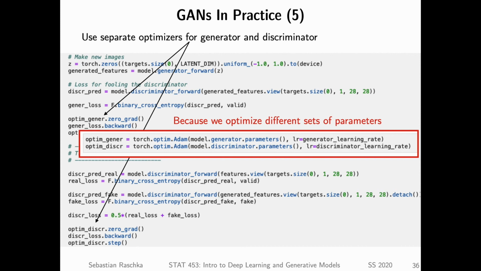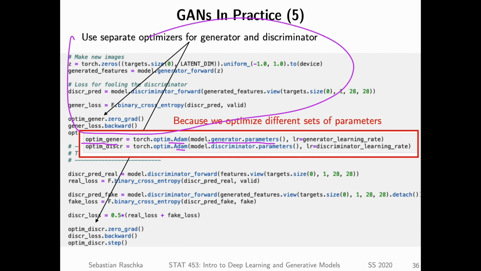We can both use the same type of optimization algorithm like Adam or SGD, but we want to initialize them separately. That is because when we optimize the generator, we only want to update the generator parameters. So we are very specific in that we only give this optimizer the parameters of the generator, so it doesn't update the discriminator in that upper part here.